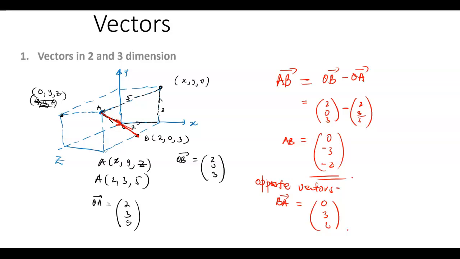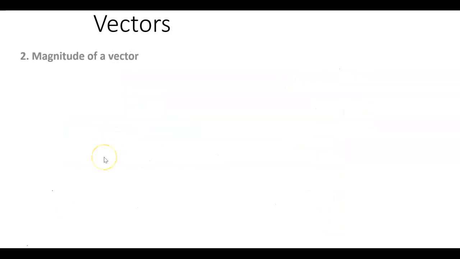The next thing now is the magnitude of the vector. The magnitude of the vector is the size of the vector. So if I have the point I started with, point A, which is (2, 3), and you're looking for the size or the distance of A from the origin, my vector OA is equal to (2, 3).